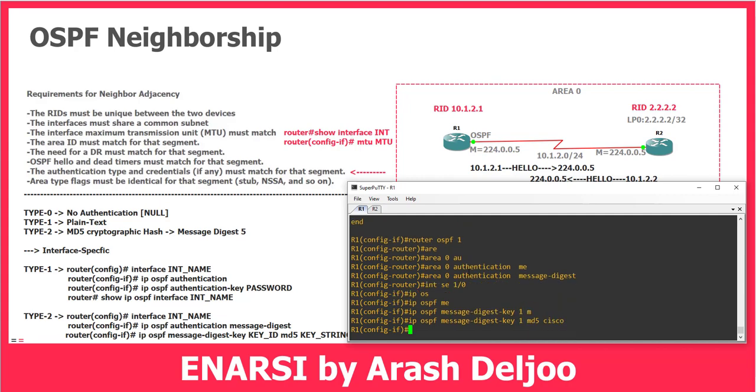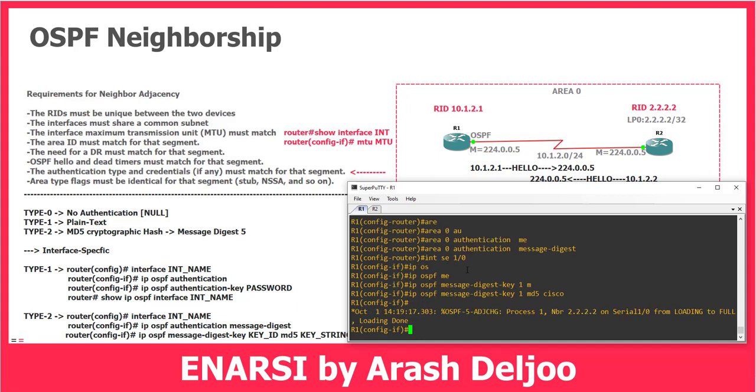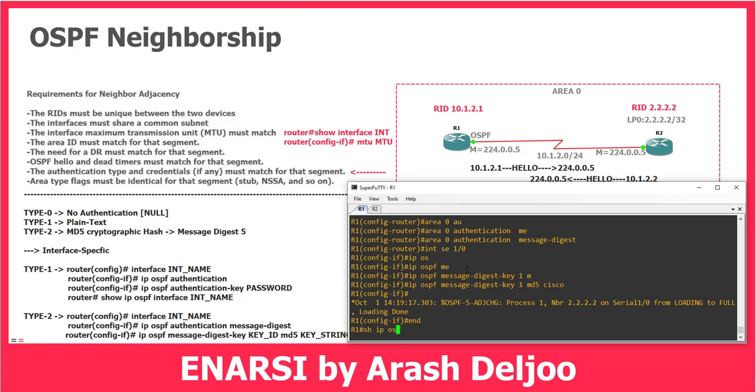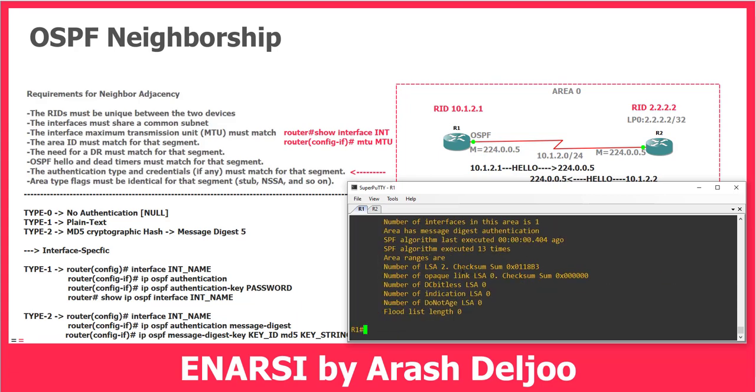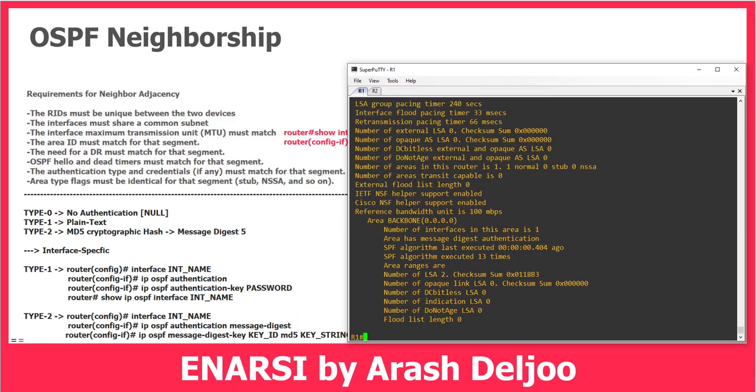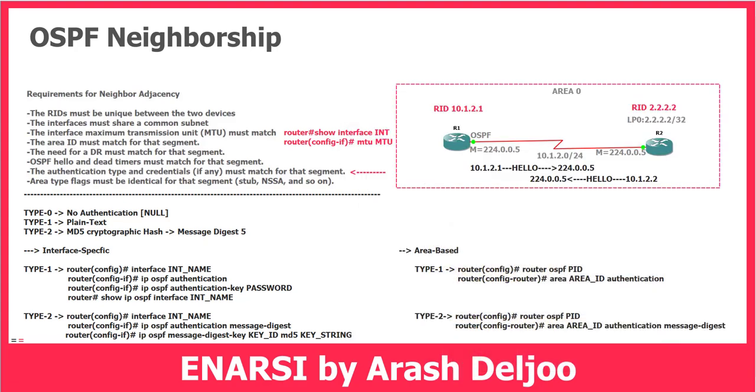This is the key. For the authentication type, we can use the area-based command also. With show ip ospf you can verify the status of one area, as I mentioned before, area backbone quad 0. In this area we are using message-digest authentication, or if you use area ID authentication, you are using simple password authentication on one area.